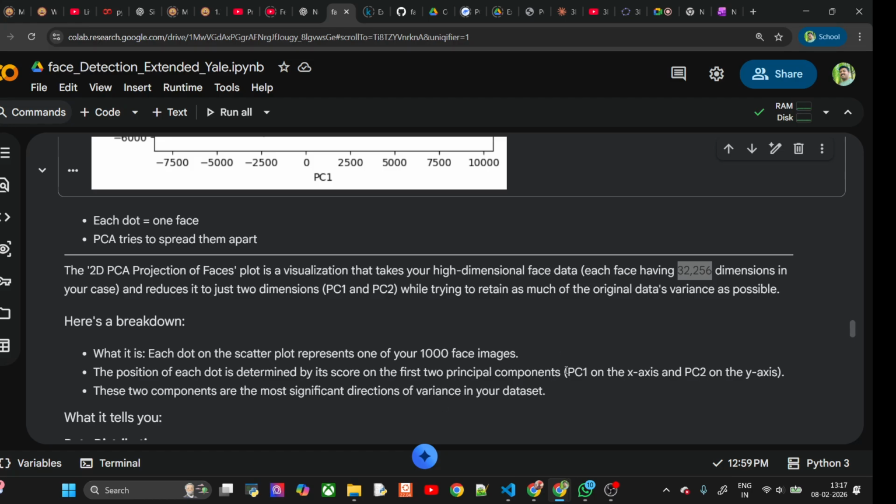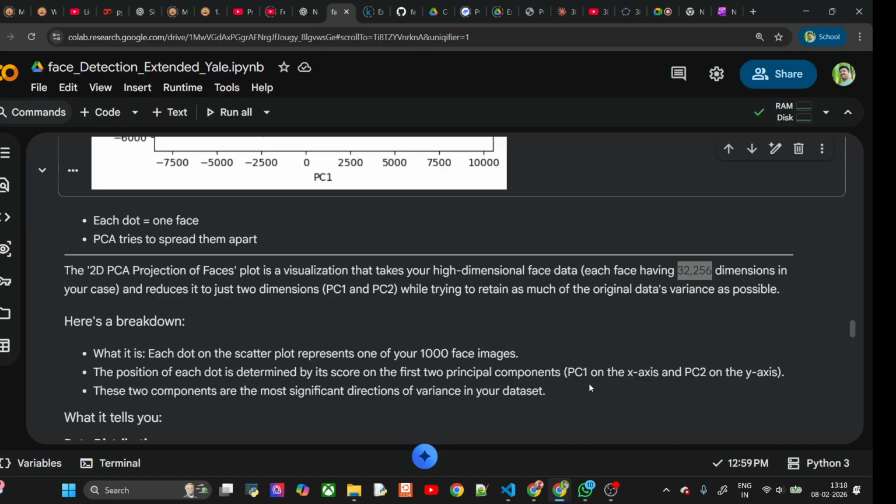The two components are the most significant directions, because we know that PC1 has the maximum variance and PC2 is less than PC1. As we go on, the maximum variance or maximum information is caught in the first principal component, and later the values keep decreasing, like PC2, PC3, and as we understood from the formula last time, going on to the next levels reduces it to 0.